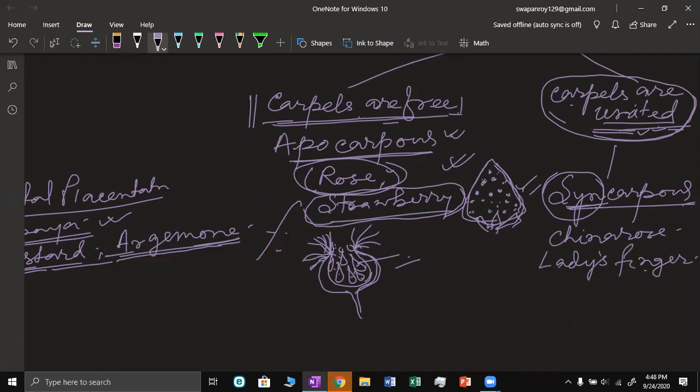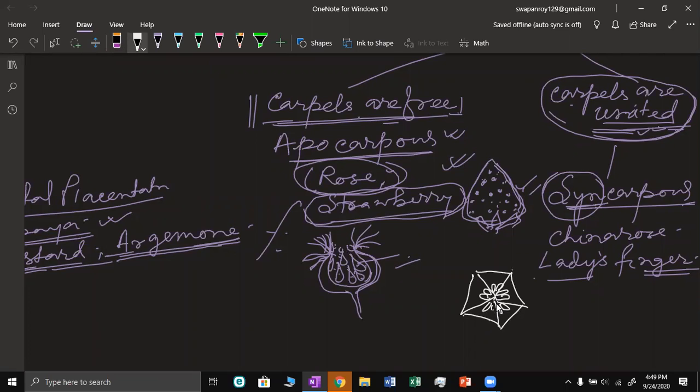In lady's finger, when you cut a cross section of the fruit, you find there are 5 chambers, a 5-angled fruit, and they are partitioned, and within this you will get the seeds.